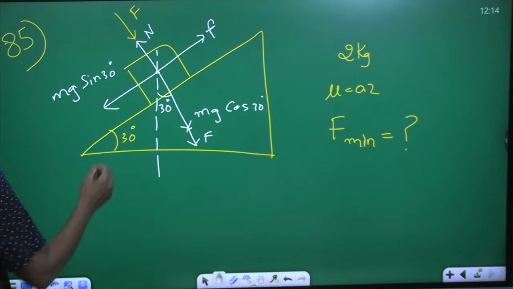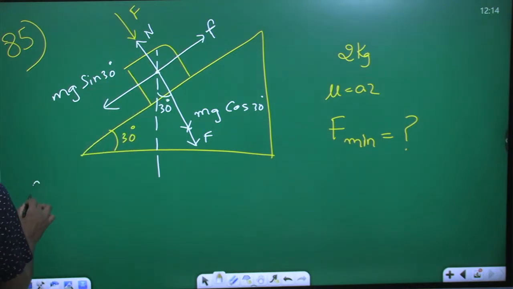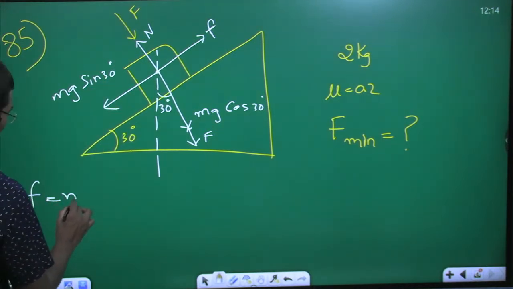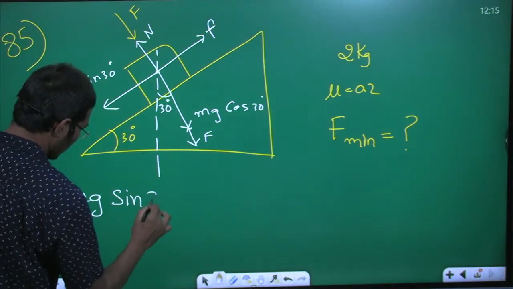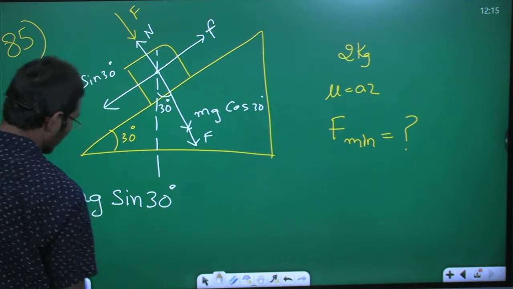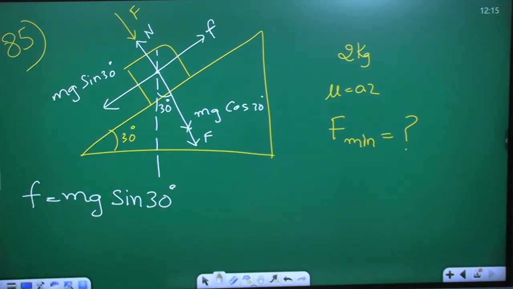So if friction force is equal to mg sin theta, the net force along the inclination will be 0 and the body will be at rest, right?